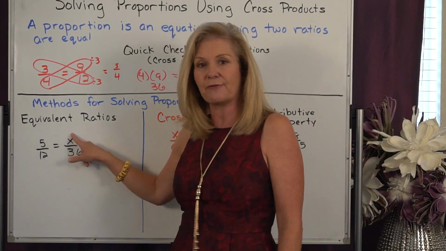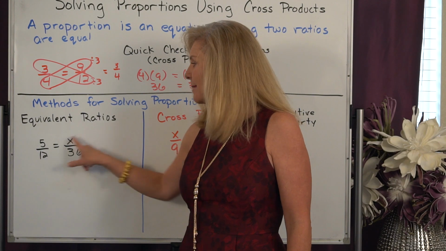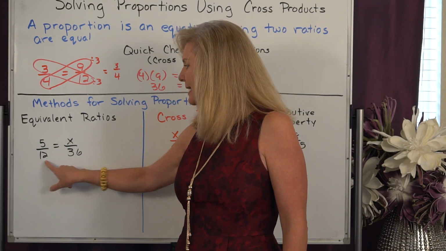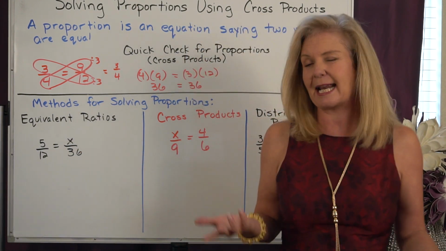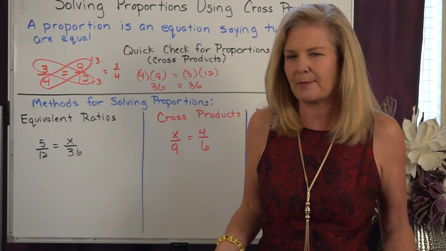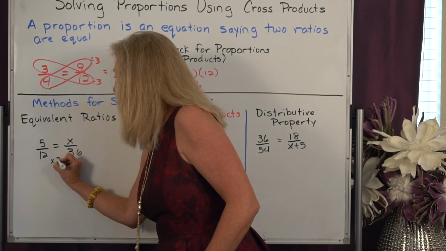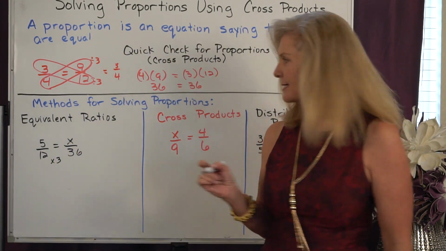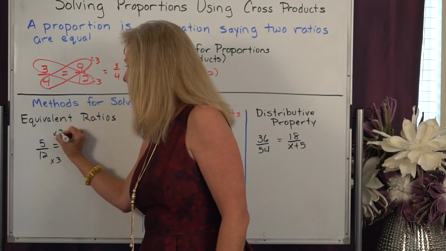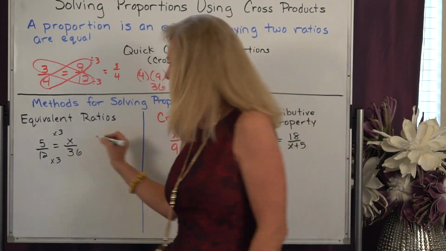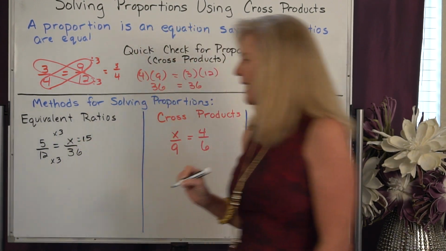I don't have enough information for the top because I'm missing this number, but I can look at 12 and 36 and think, what relationship do the two of them have? Well, I know that 12 times 3 equals 36. And if I do 5 times 3, because you have to keep it balanced, I get 15.